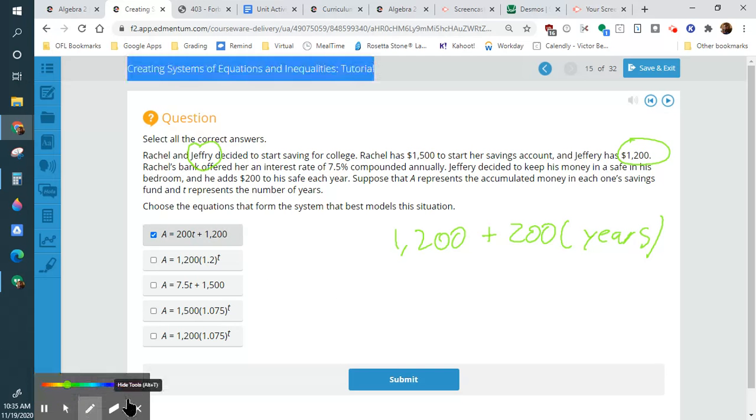Now let's go over to Rachel. Rachel is starting off with more money, but hers is a percentage. It's going to be based off the percentage. This is known as exponential growth. At first, she's not getting as much, but as time passes, the interest of that money creates more interest, creates more interest, and then it's growing super fast.